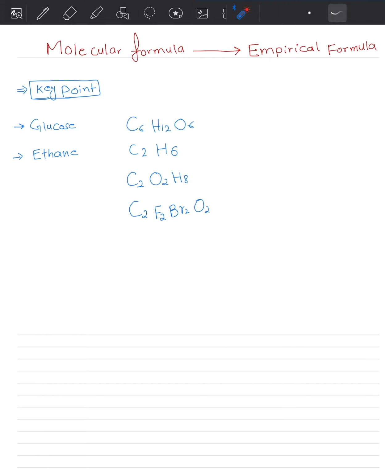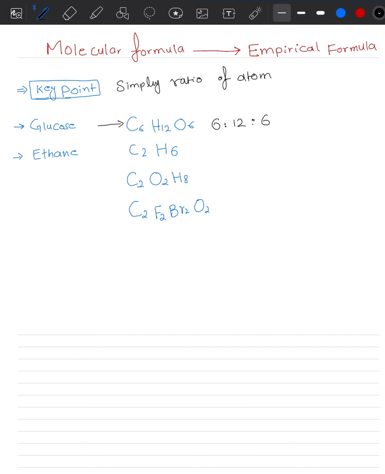This is very simple. The key point is we just need to simplify the ratio of atoms. By simplifying the ratio of atoms, we can get the empirical formula. For example, glucose has the formula C6H12O6. So the elements ratio is 6 to 12 to 6.